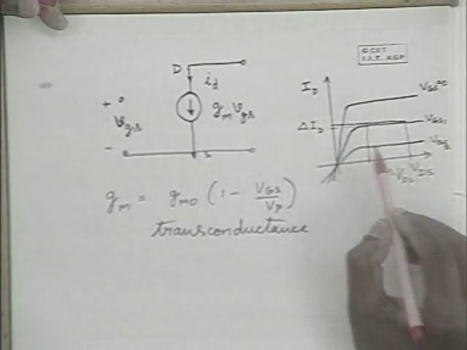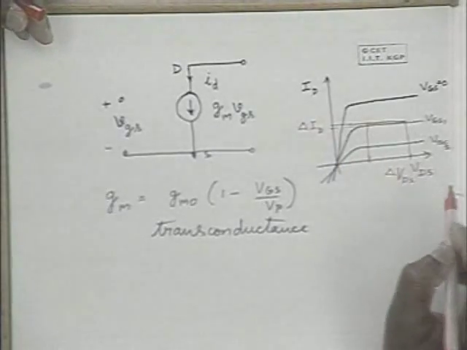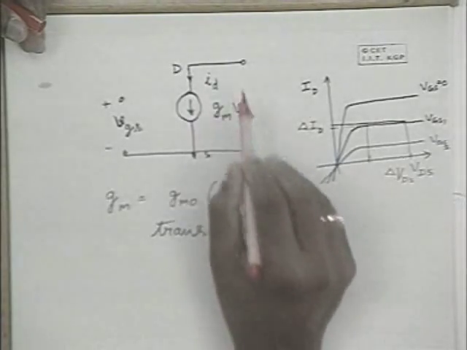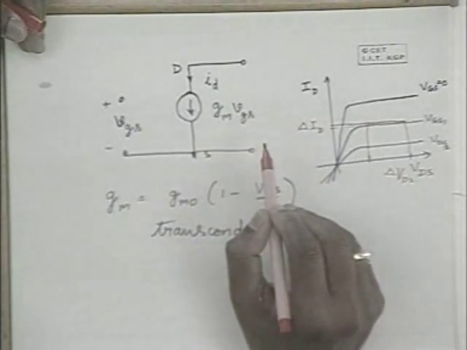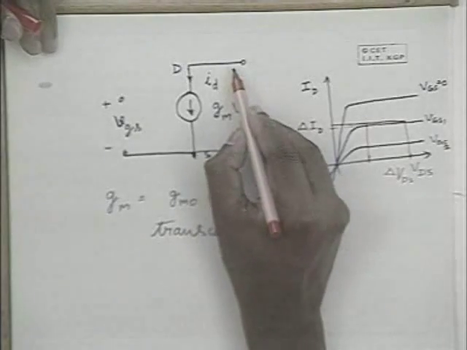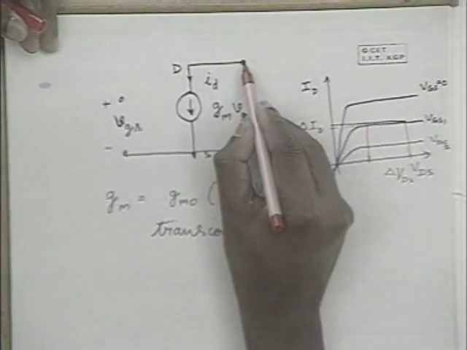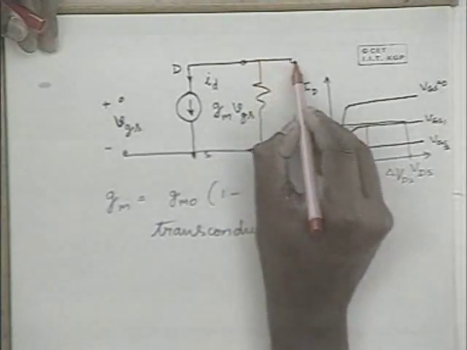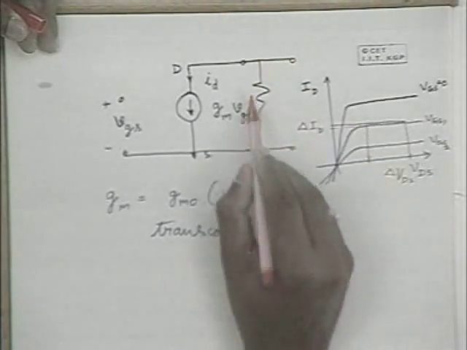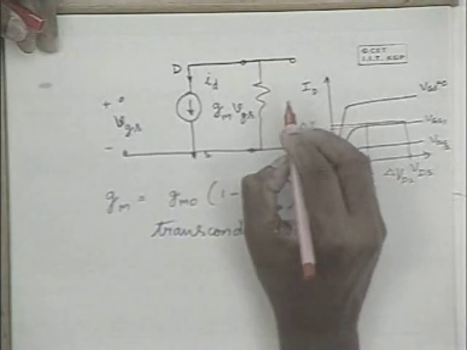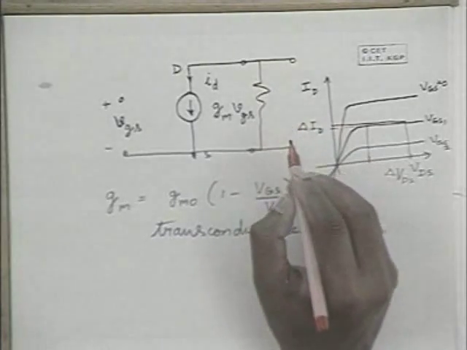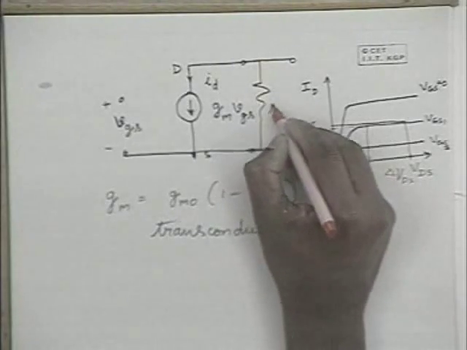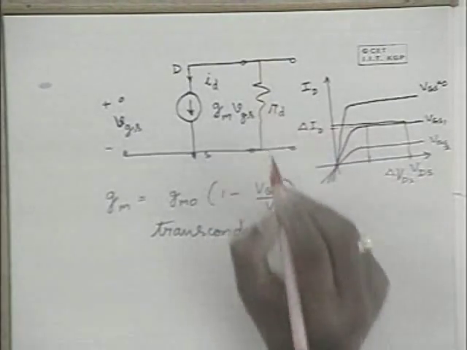That means the output current is affected by the voltage change here. What does it mean? It means that there is some output resistance or output conductance, and the symbol used for this is the lowercase rd.